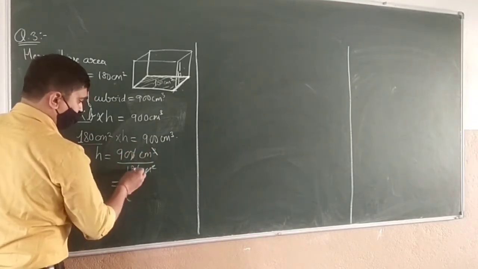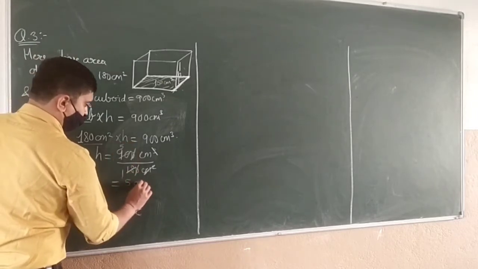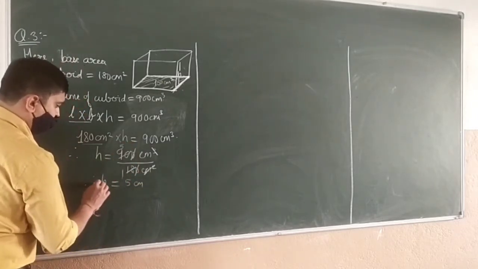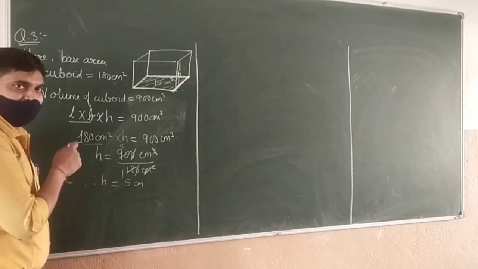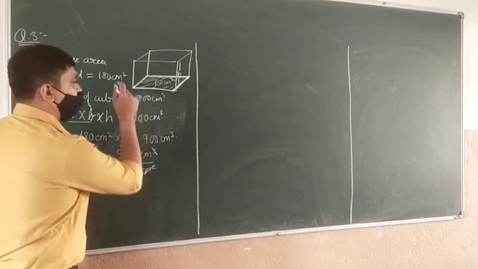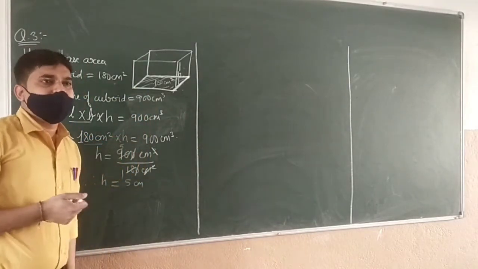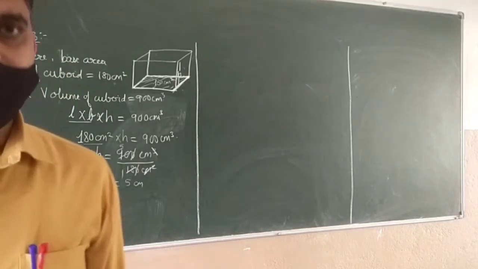So we will be left with 18 ones are 18, 18 fives are 90. So what is the height? 5 centimeters. So lastly, we can write height of the cuboid is 5 centimeters. Understood?